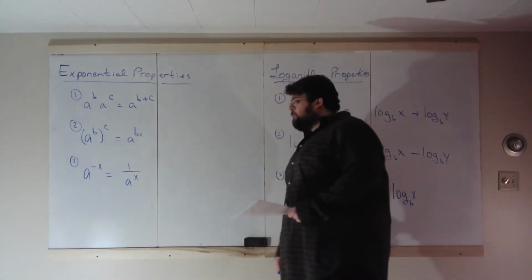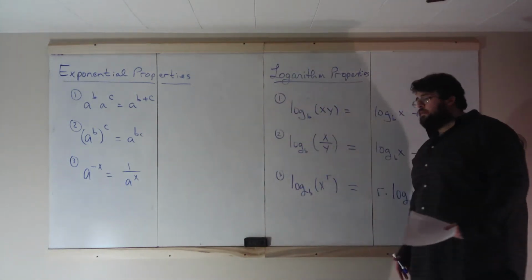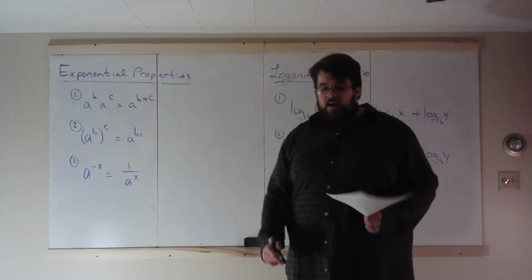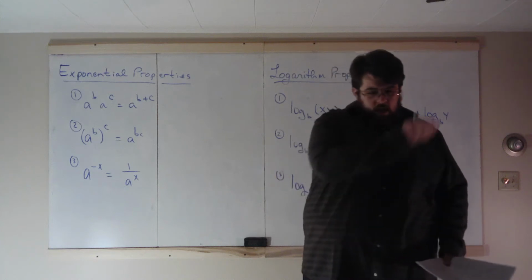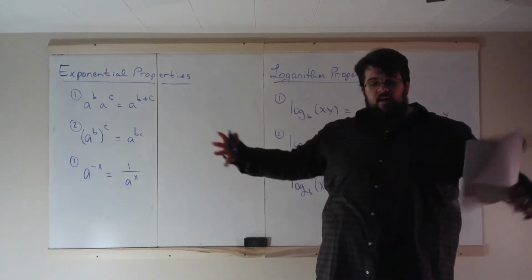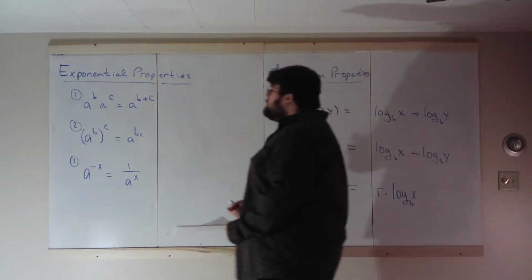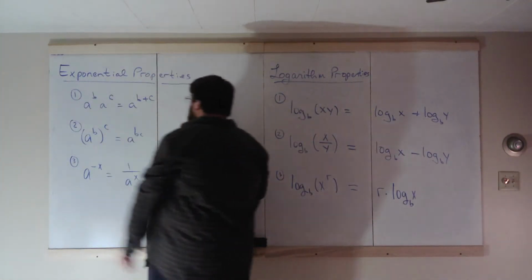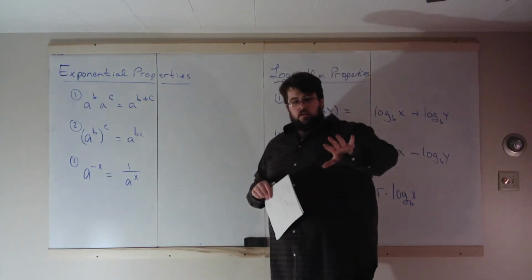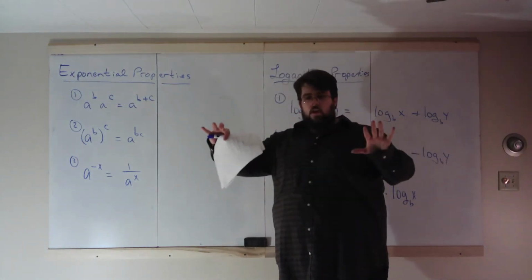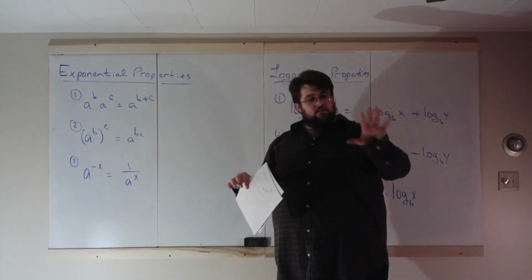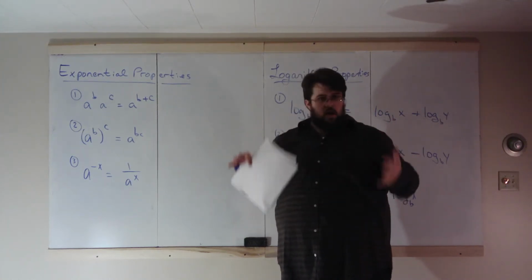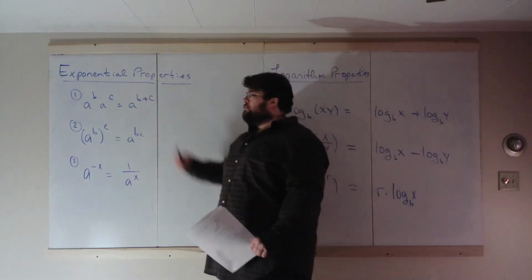I like to think of them, well, remember, an exponent just counts how many things you have. So, like, x to the 5th is x, x, x, x, x. In other words, x to the 5th is 5 x's all multiplied together. If you have x to the 5th and then you have x to the 3rd, well, what do you have? You have 5 x's and 3 x's, so you have 8 x's. 5 plus 3.